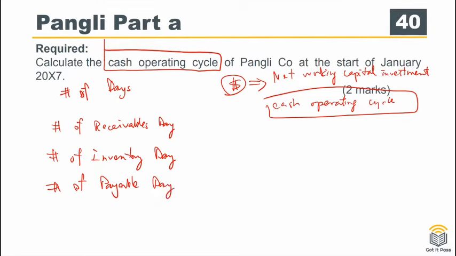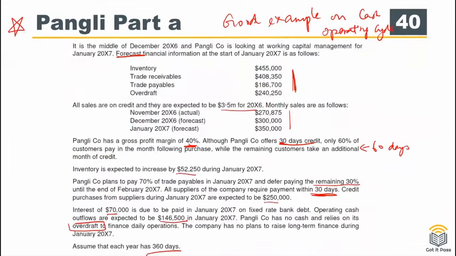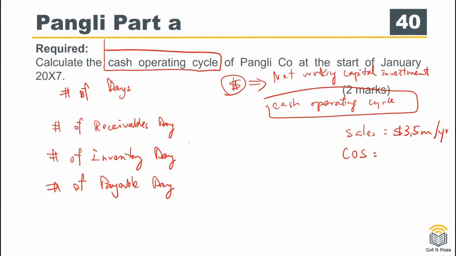Some background information we need is the sales, given as 3.5 million per year. And how about the cost of sales or cost of goods sold? The information provided here is the gross profit margin of 40%. So in other words, 60% goes to cost of sales, which is one minus 40%.